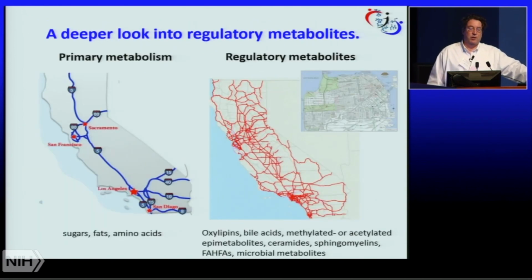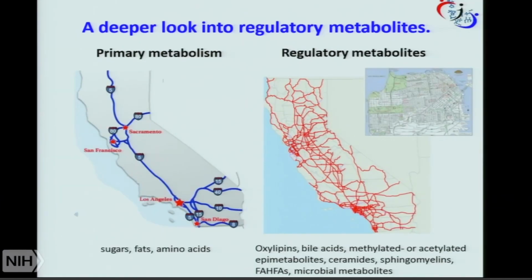So let's have a deeper look. This is the state of California, and we see here Sacramento is the capital of the state, so that's where the influx is of water and also politics, I guess. And then you see San Francisco, that's where the pentose phosphate pathway is, so they make a lot of money there.